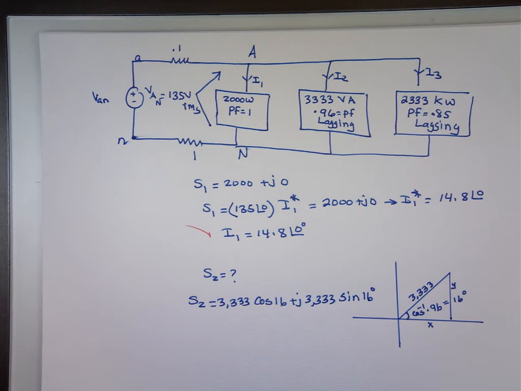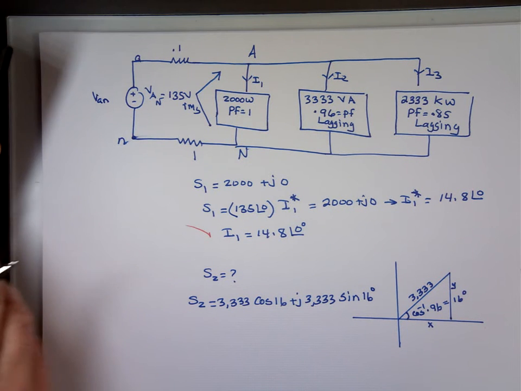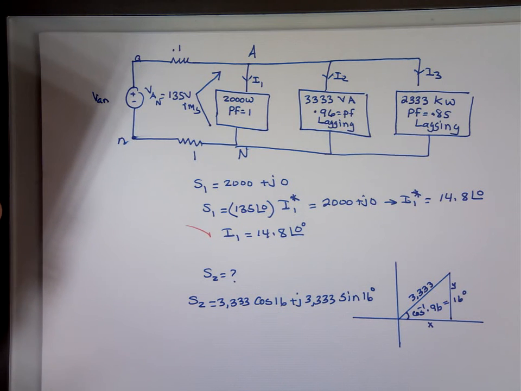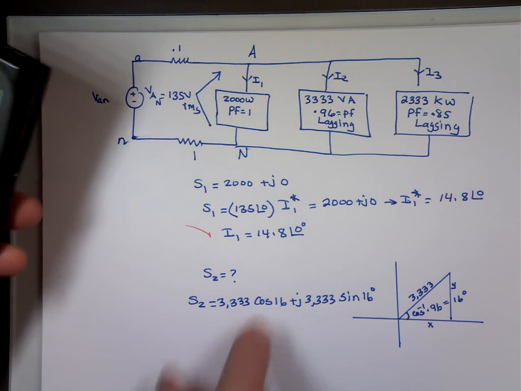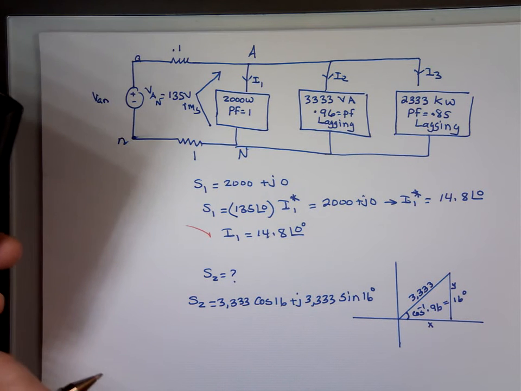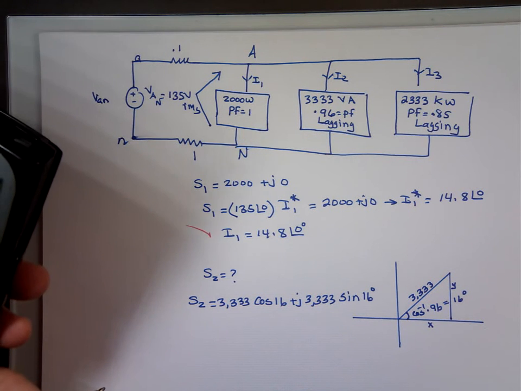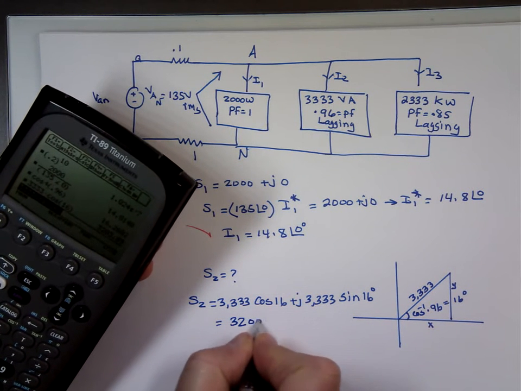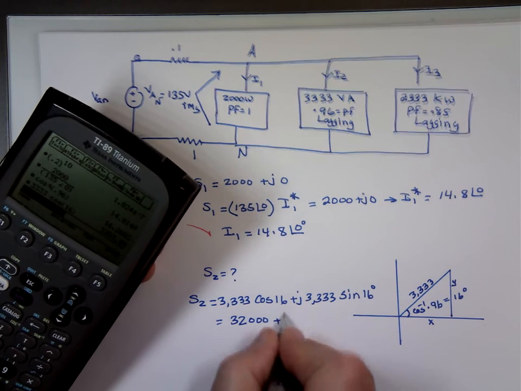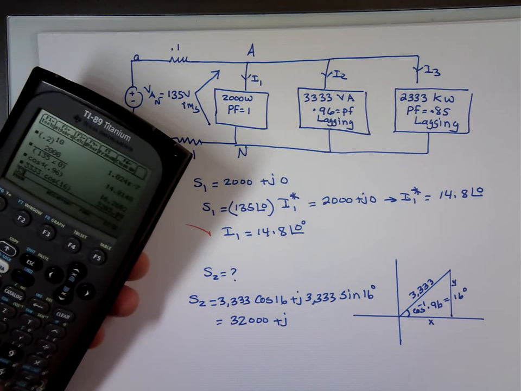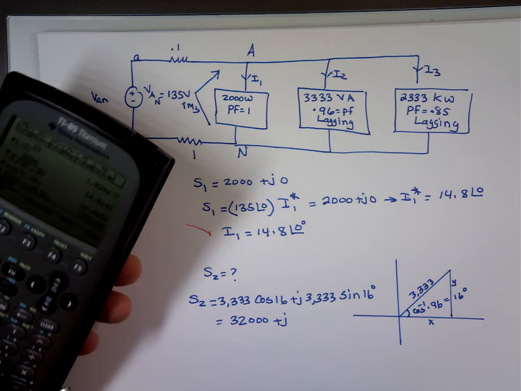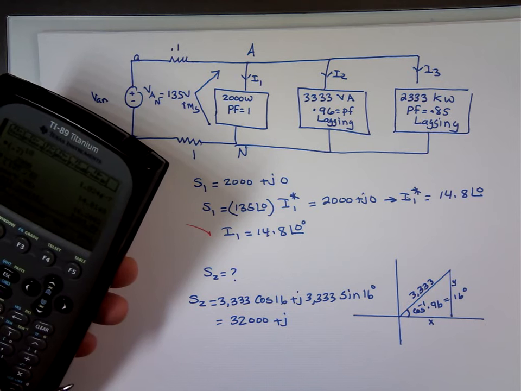Finding the X and Y components, that's all you're doing. 3,333 cosine 16 degrees is roughly 3,200, not 32,000.